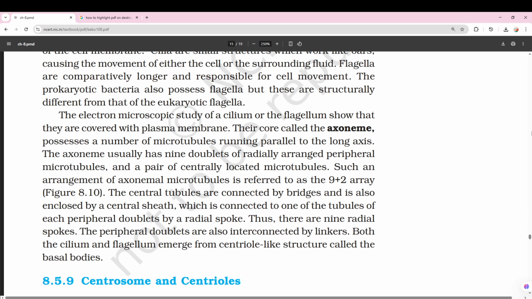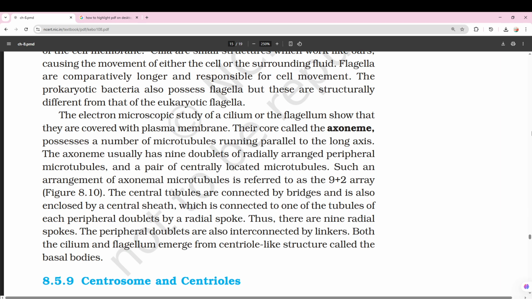Such an arrangement of axonemal microtubules is referred to as the 9 plus 2 array. The central tubules are connected by bridges and are also enclosed by a central sheath, which is connected to one of the tubules of the doublets by spokes. The peripheral doublets are also interconnected by linkers.